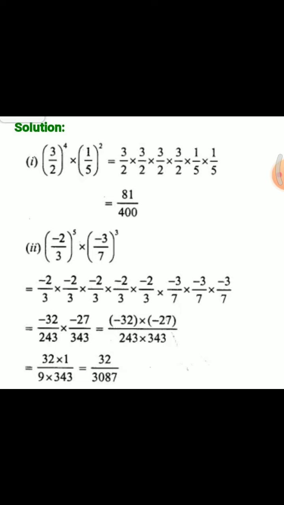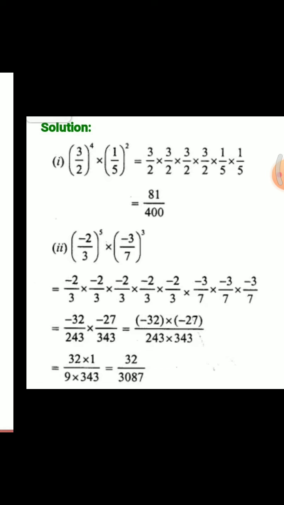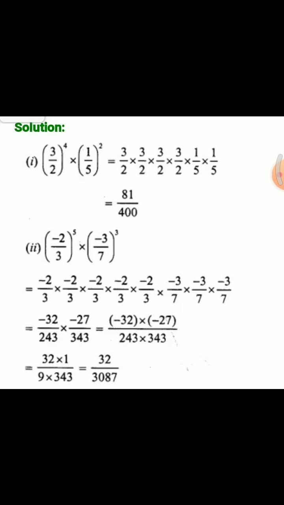You multiply minus 3 three times, minus 27, and 7 three times, so 343. After that you multiply minus 32 multiplied by minus 27 by 243 multiplied by 343. Minus minus is plus, so after that you cancel each of the numbers, so your final answer will be 32 by 3087. Okay guys.